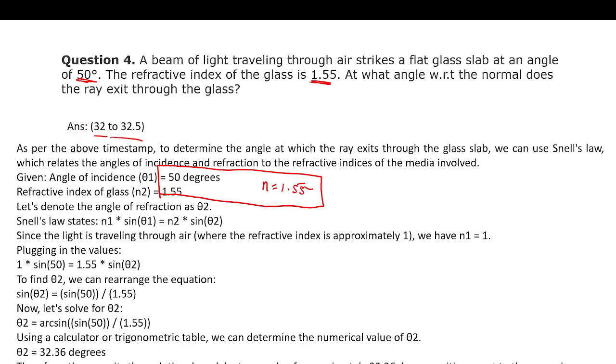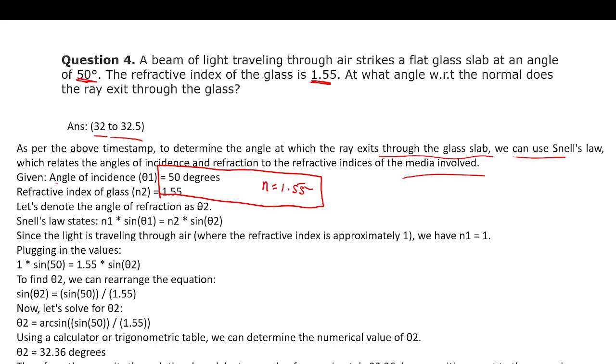As per the above timestamp, which we have discussed already in the lecture, you can see the professor's lecture. To determine the angle at which the ray exits through the glass slab, we can use Snell's law, which relates the angle of incidence and refraction to the refractive index of the media involved.